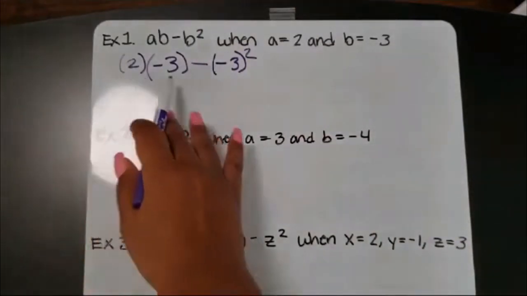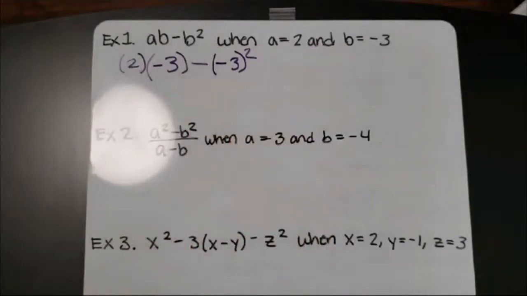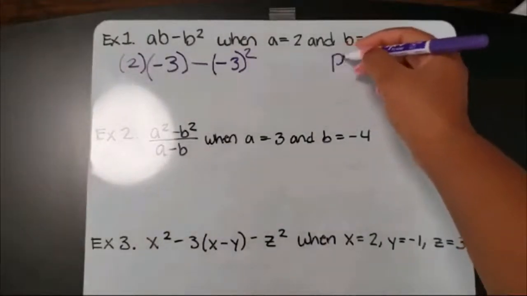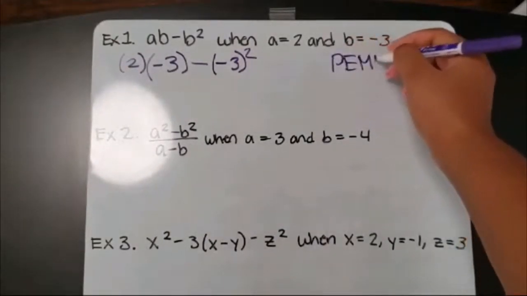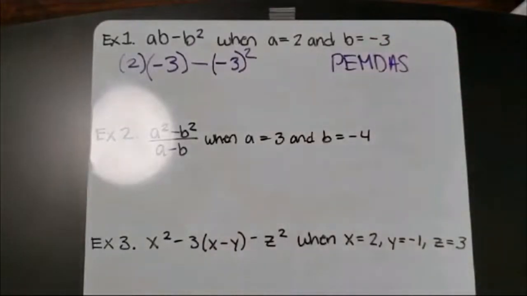Now that we have it like this, we can work it out. So we do want to follow the order of operations, which is PEMDAS. Parentheses: we don't have any parentheses, meaning something that's in a group that has to have an operation happen.